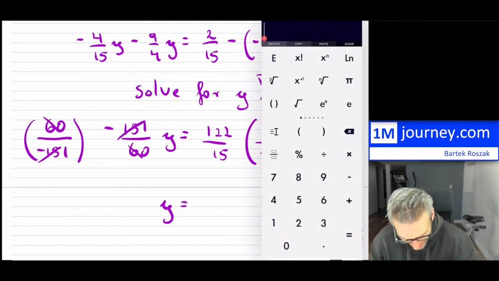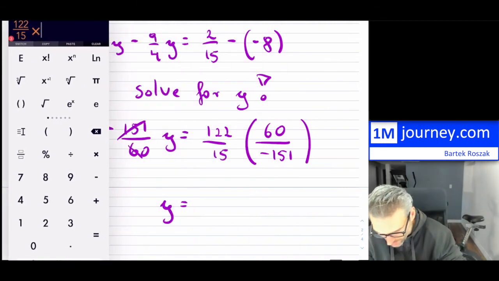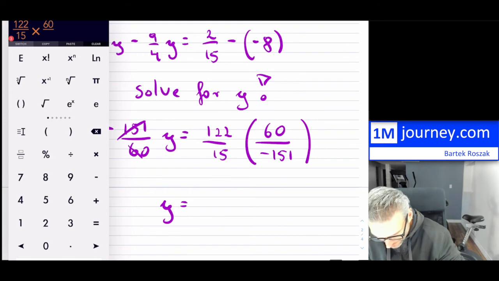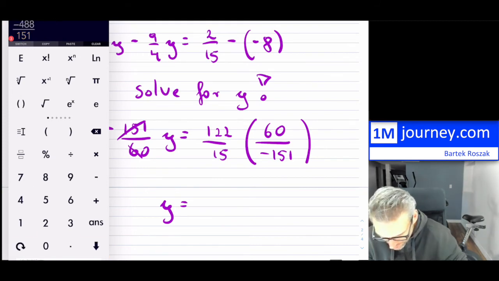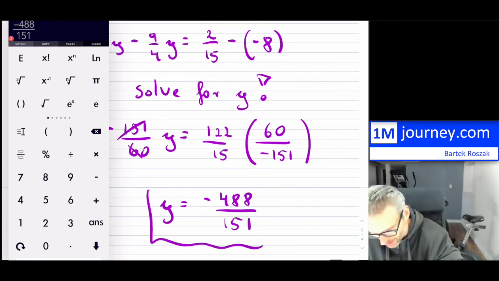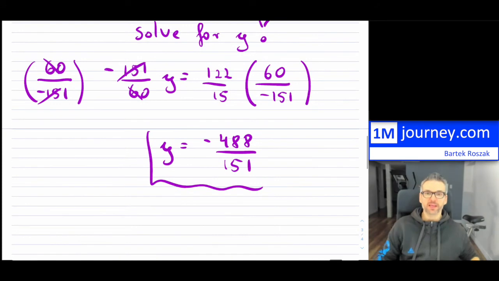And now again, I can use 122 all over 15, and then times 60 all over negative 151. So my answer is a terrible answer, but so be it. But that's your y. Now you can change that to decimal if need be, but if they want you to work with fractions, then that's what you have.